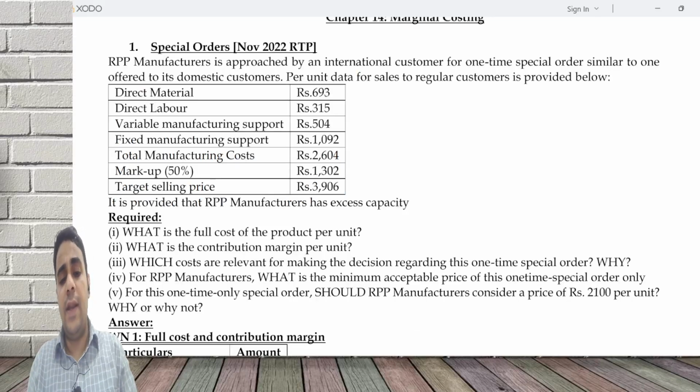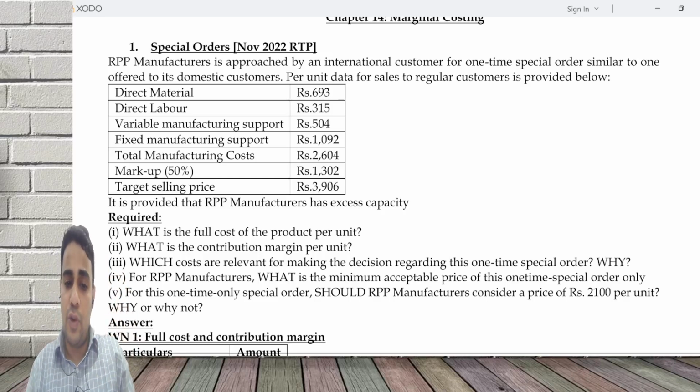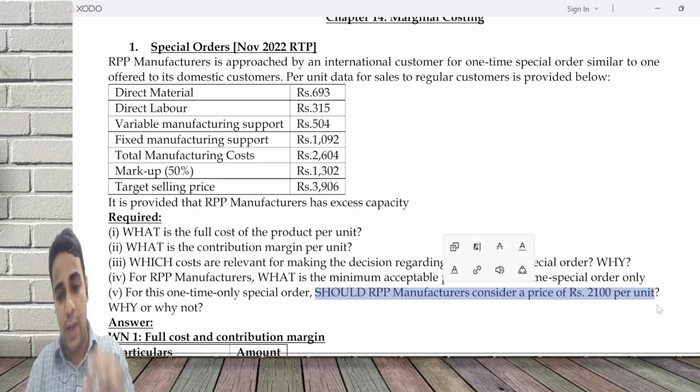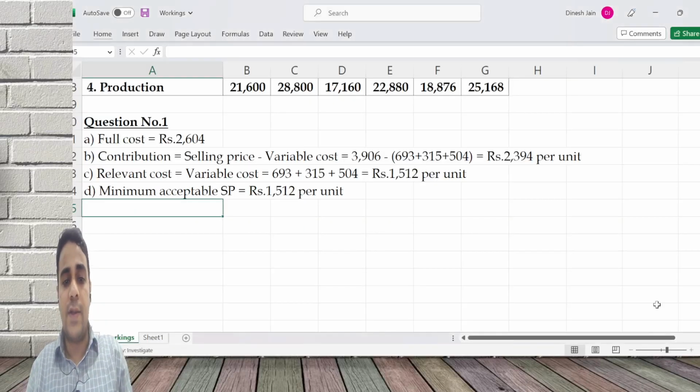For this one time order, should I consider a price of 2100? Yes, you can go ahead and consider a price of 2100 because it's above 1512. Anything above variable cost can be considered.